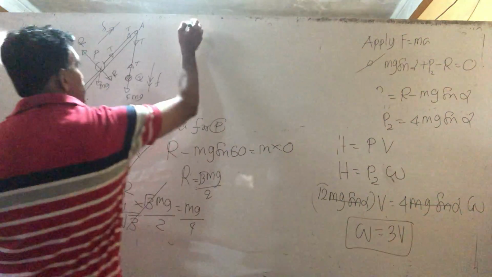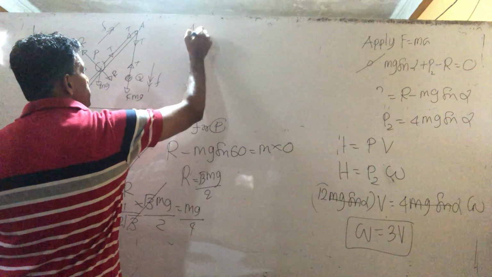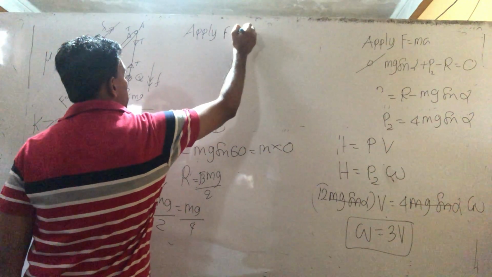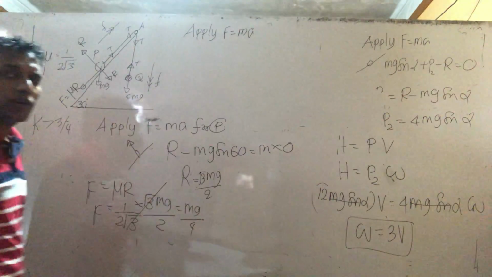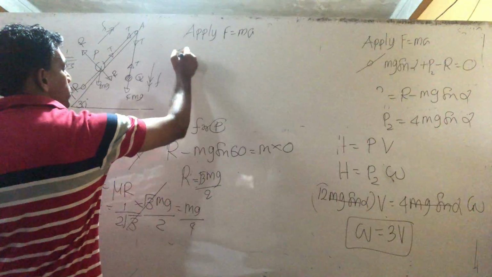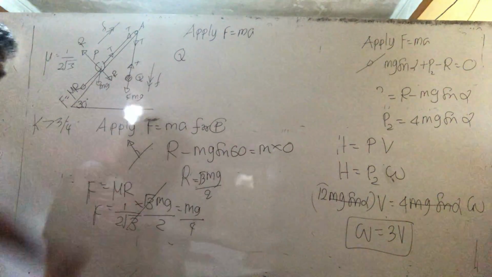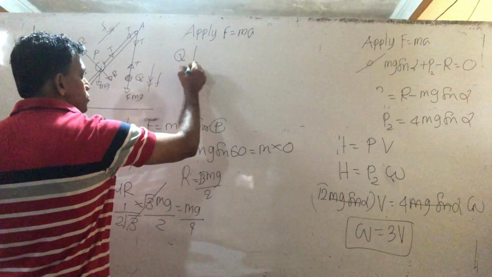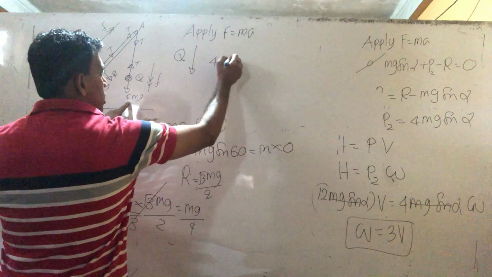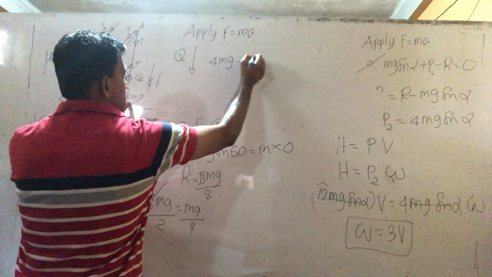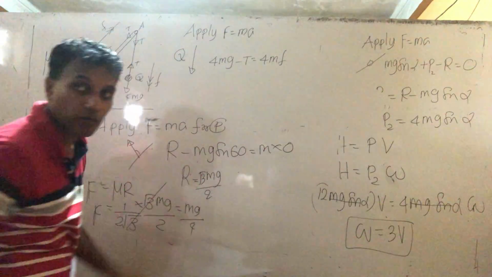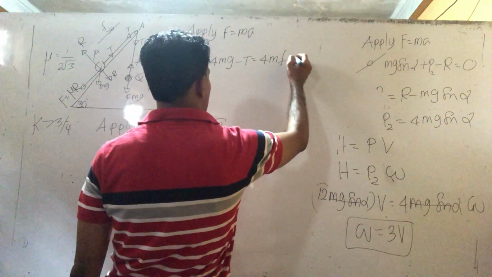Okay, now I apply F equals ma for Q. If I apply downwards, 4mg, the weight of Q, minus T equals mass 4m times acceleration f, right? That is my first equation.